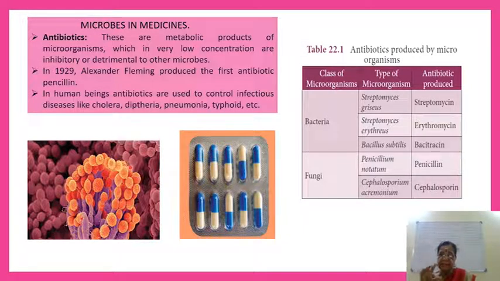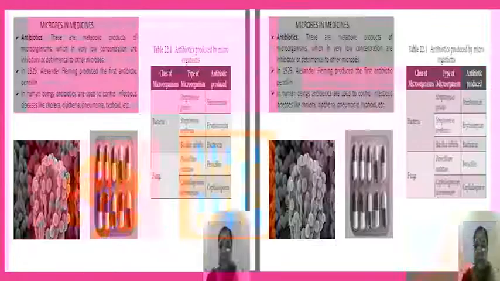For viral diseases, antibiotics will not work, because the virus shows both the characters, living and non-living, and no inhibition of its growth can be achieved. So antibiotics will work only for bacterial and fungal diseases, other than viral diseases.